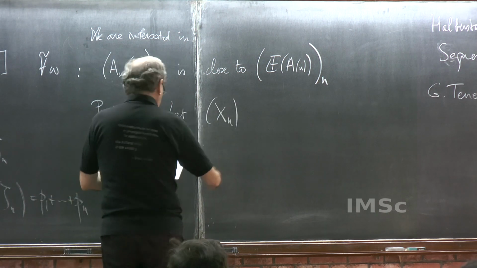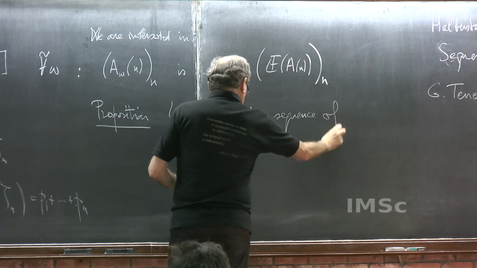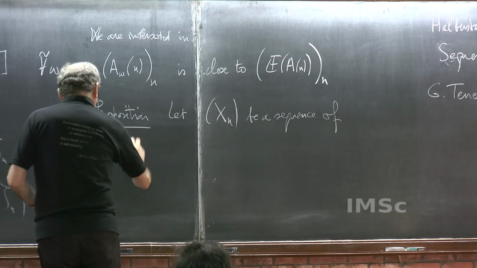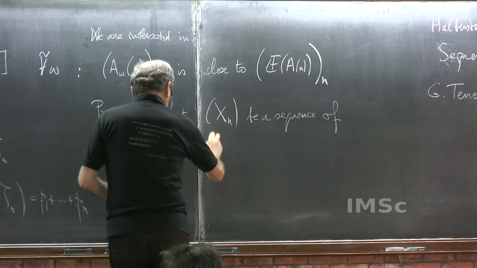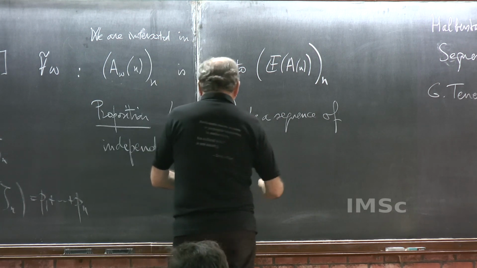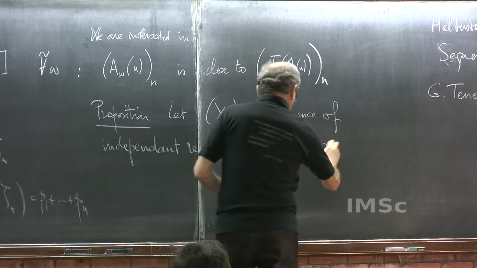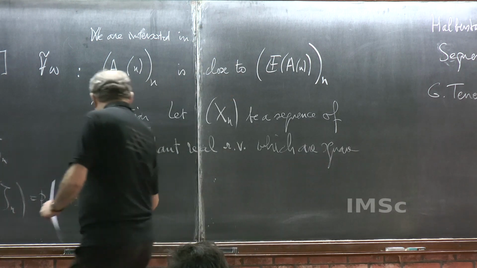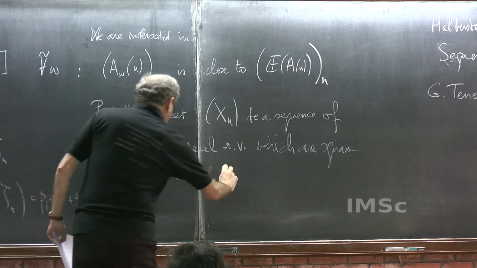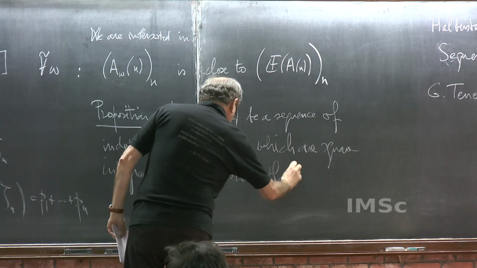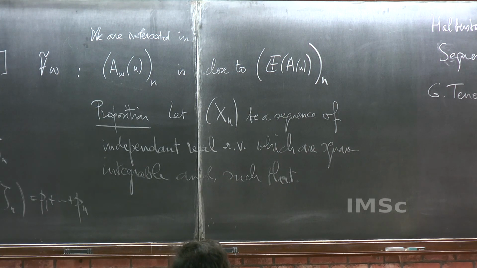We take X_n, a sequence of independent real random variables which are square integrable, and such that, so of course you see in our case we are dealing with Bernoulli random variables, so there is no problem about this.